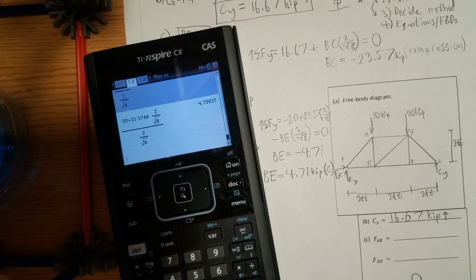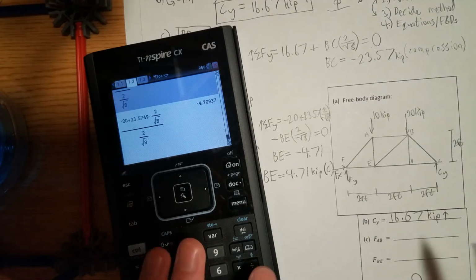Because if you leave it positive or negative, it depends on your free body diagram, and it depends on convention. So if for whatever reason you drew your free body diagram wrong, and you have a negative number, but the negative number actually means tension because that's how you drew it, you're going to want to label it tension or whatever you're intending. Because the grader would look at it and say, oh, he drew it negative, he means compression. But that's not necessarily the case.